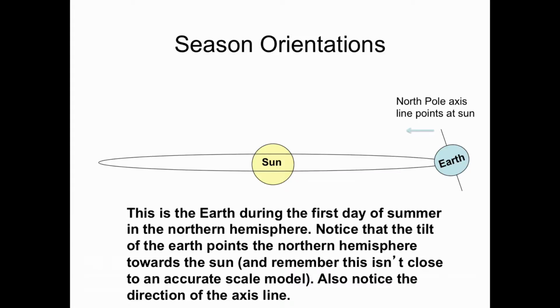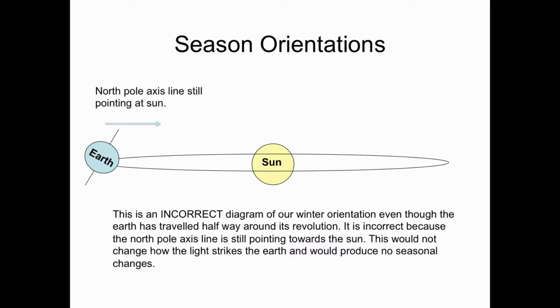If we go 6 months, the Earth has gone halfway around the sun. However, you'll notice right here it says this is an incorrect drawing because notice that the axis of the Earth, just like before, is still pointing at the sun, and the northern hemisphere is still tilted toward the sun.